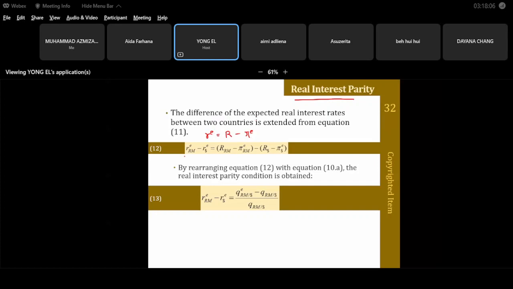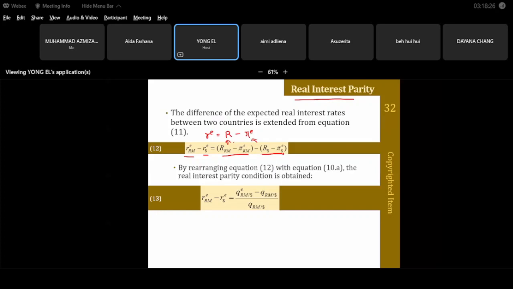If this is the real interest rate in Malaysia, this will be the real interest rate in the US. Due to this formula, we can write the term like this. It's just the specification.